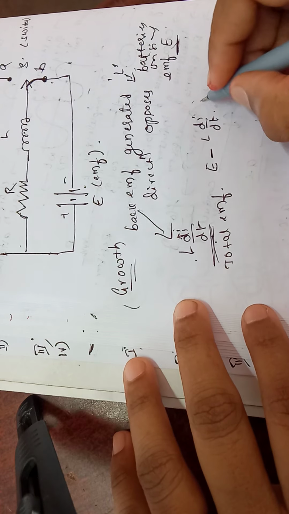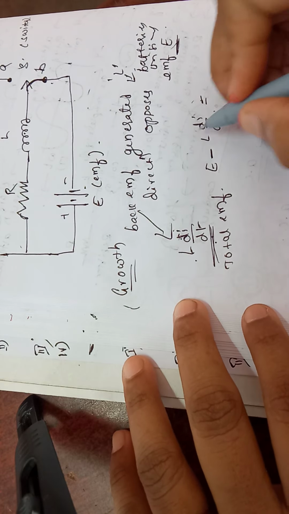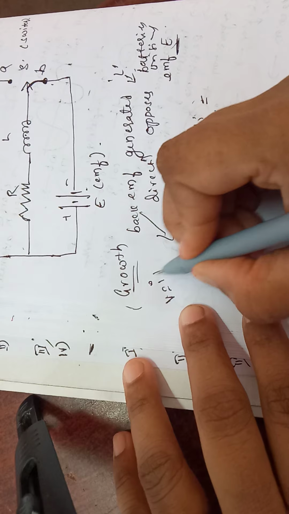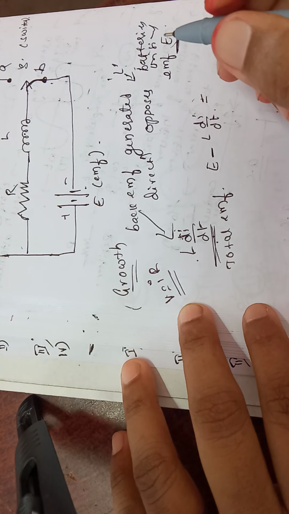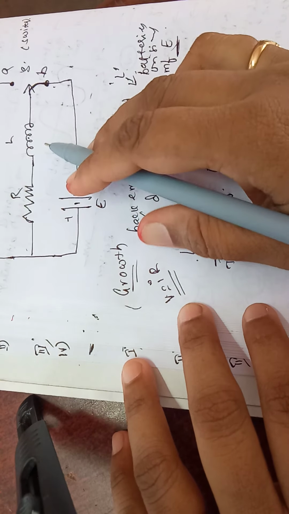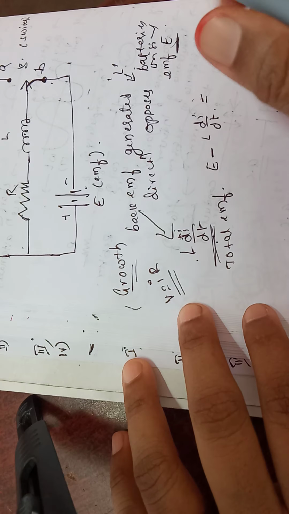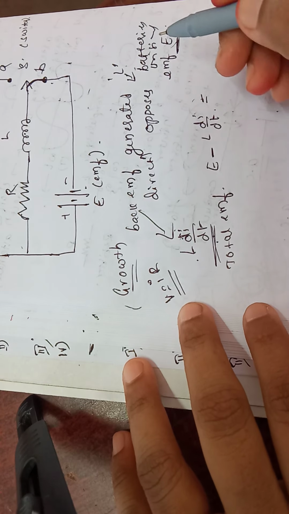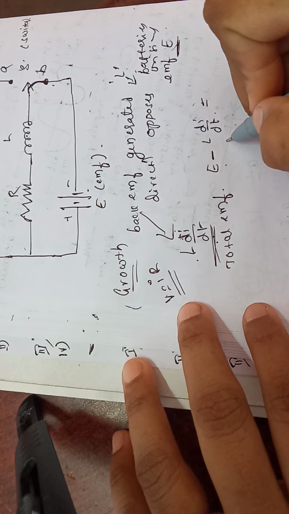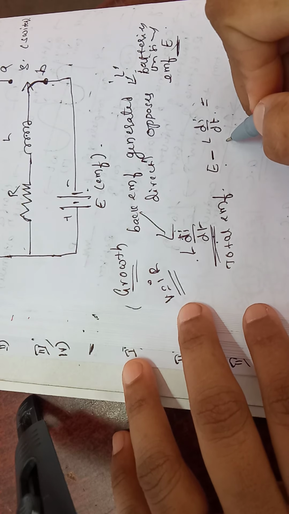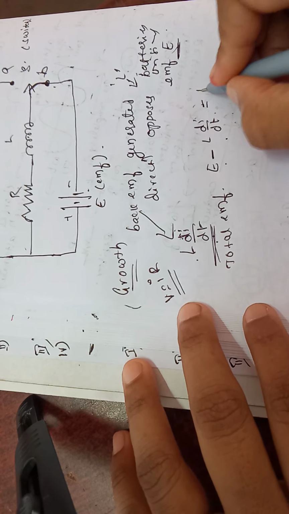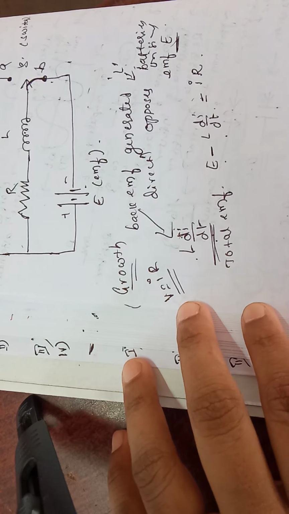Now according to Ohm's law, V equals IR, so there is a potential drop across this inductor. Using Ohm's law, the total potential drop will be equal to IR.